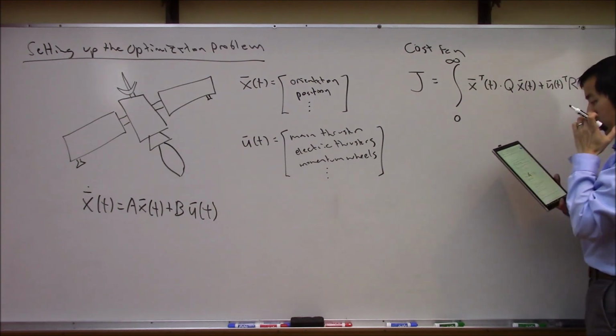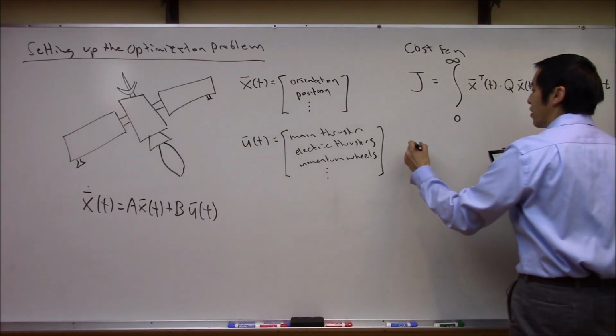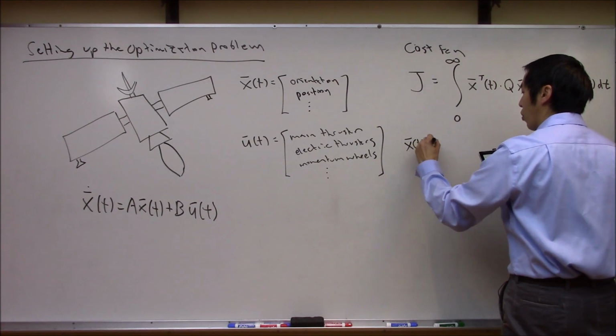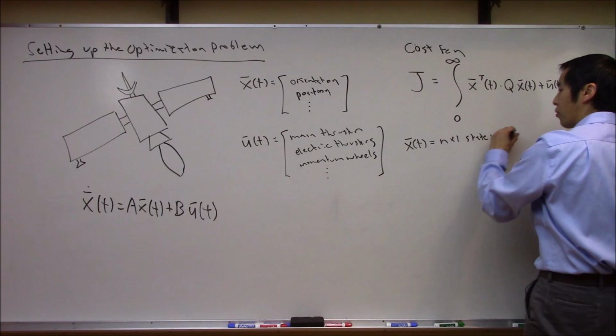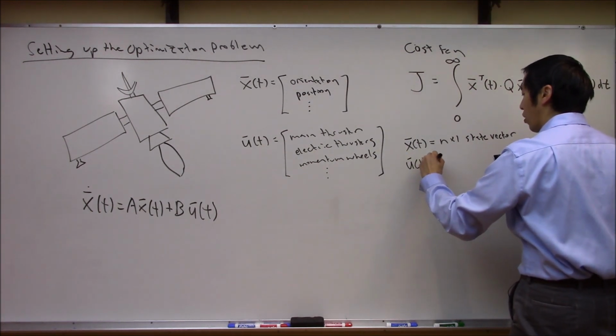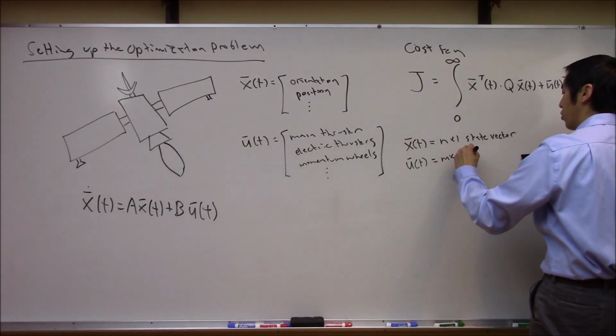Okay, so here's our cost function. In this case, x is your n by 1 state vector, and u is our usual m by 1 control vector.